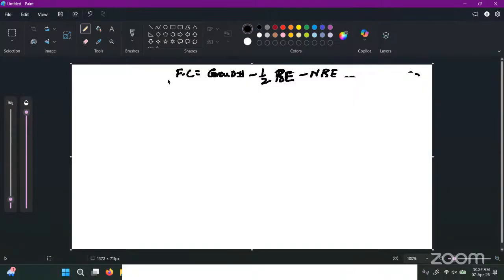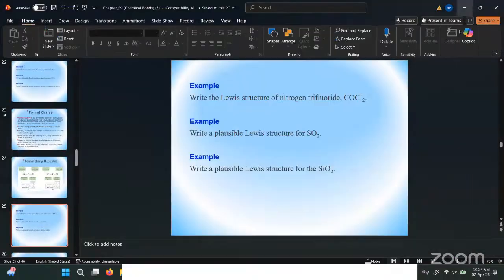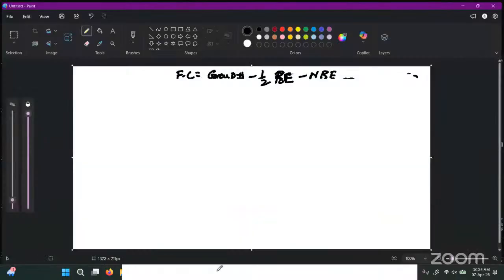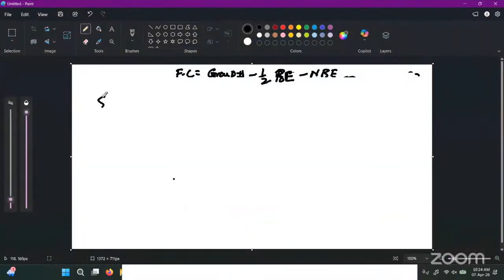Okay, so the next question is asking for you to do the same thing for sulfur dioxide. So SO2. So tell me the steps to take. First step is what? Total valence. Okay, so sulfur will contribute how many? Sulfur would be 6.